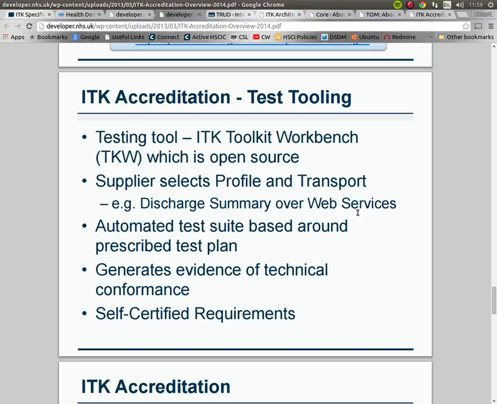The SharePoint site also contains information that can help implementers, and other guidance materials available on there.